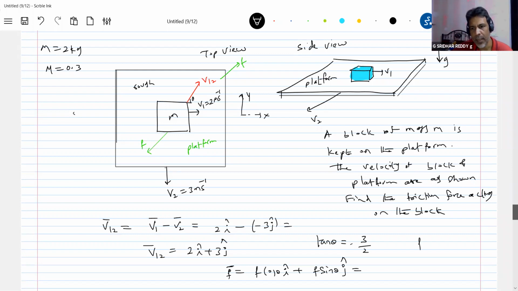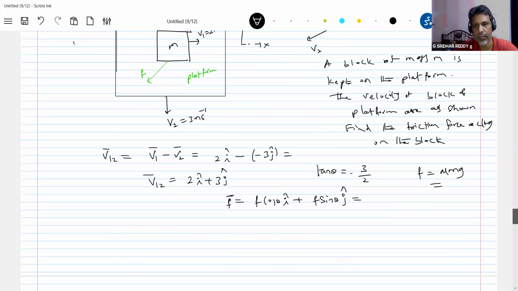Now what is F? F should be equal to mu mg. So mu mg cos theta i cap plus sin theta j cap. We know tan theta, so from here we find cos theta and sin theta. From the triangle with sides 3 and 2, the hypotenuse will be root 13.